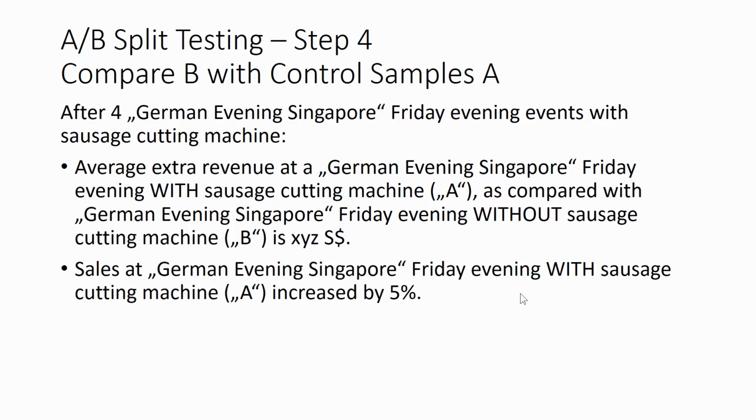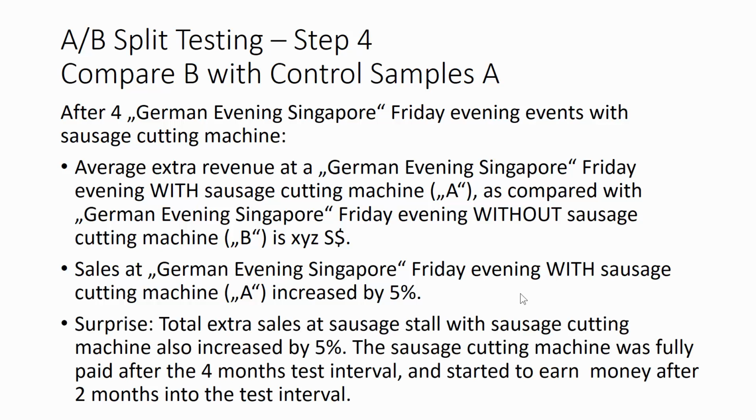This means that sales at the German Evening Singapore Friday evening with sausage cutting machine, our A, increased by 5%. This is quite impressive. The surprise is the total extra sales at the sausage stall with sausage cutting machine also increased by 5%, especially as compared with those sausage stalls that do not have a sausage cutting machine.